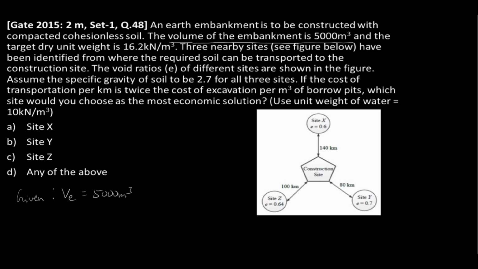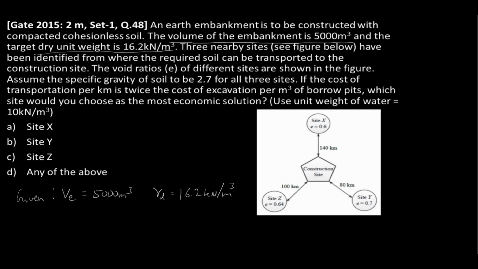Target dry unit weight of the soil sample is 16.2 kilonewton per meter cube. Target dry unit weight means the unit weight you need to maintain for the embankment, that is 16.2 kilonewton per meter cube.